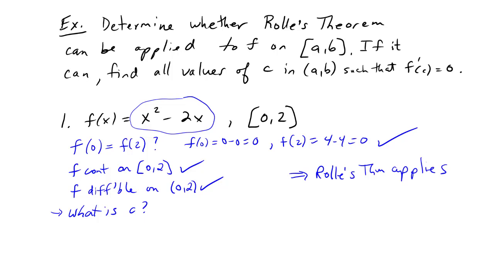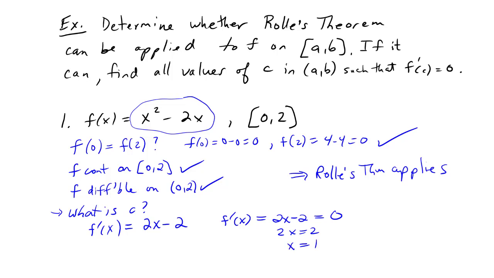The theorem doesn't give us a way of doing this, but this function is simple enough that we can do it. So we can simply calculate the derivative of this function, which would be 2x minus 2. And then we can say, okay, if I want this derivative equal to 0, well, that's 2x equals 2, or x equals 1.